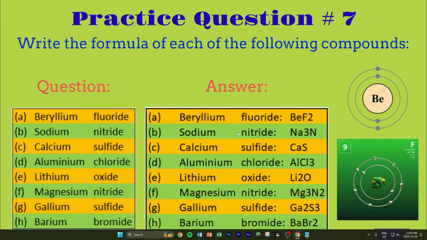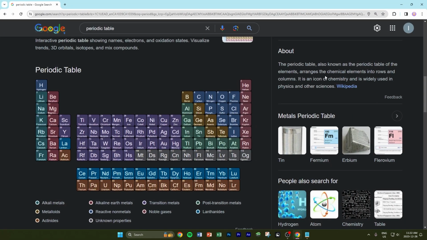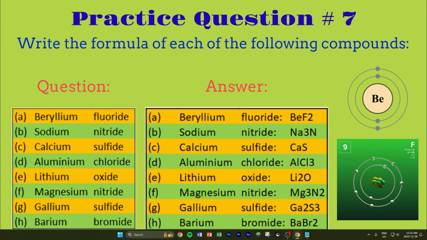Nitrogen, N, has an atomic number of 7, which means it has 5 in the outer shell and is looking for 3 more. Since sodium has 1 to give and nitrogen has 3 to receive, we need 3 sodium atoms. Once we have 3 of those, they can combine with nitrogen, so it becomes Na3N.